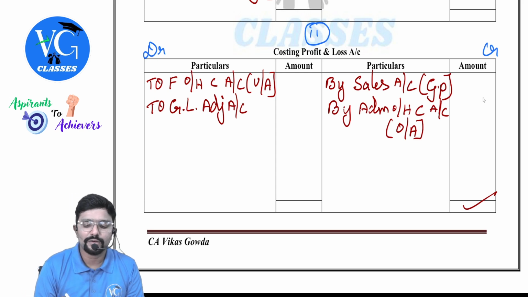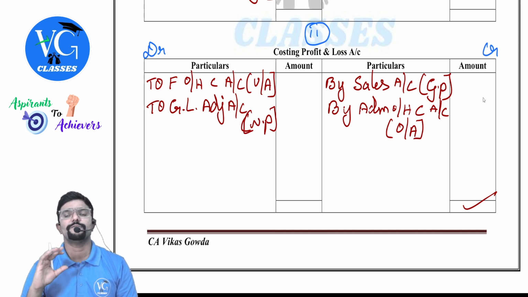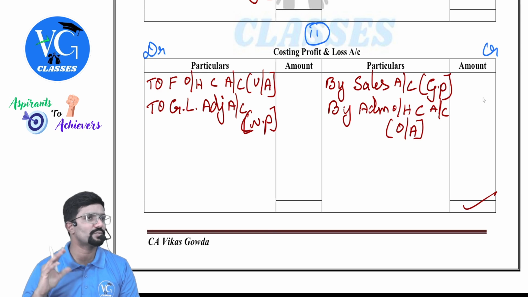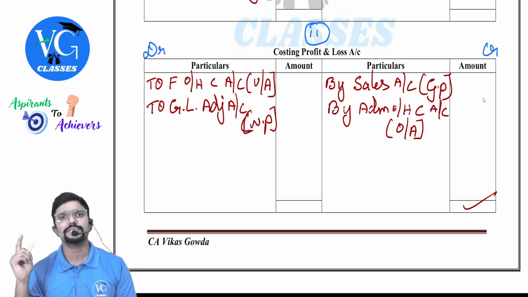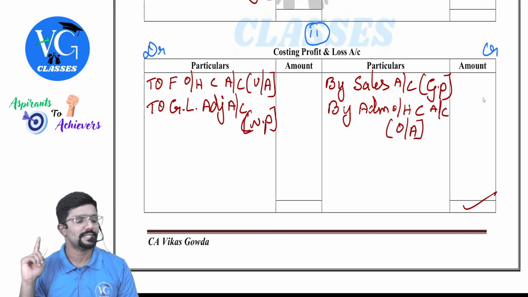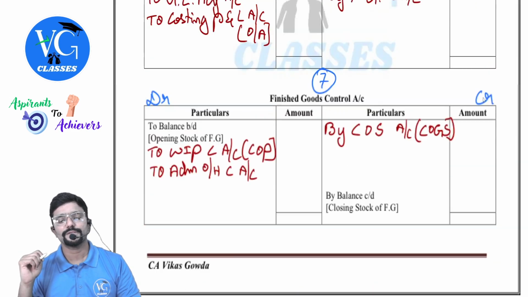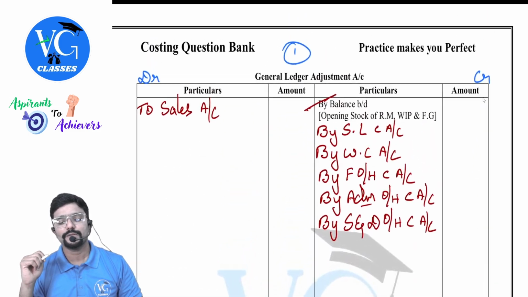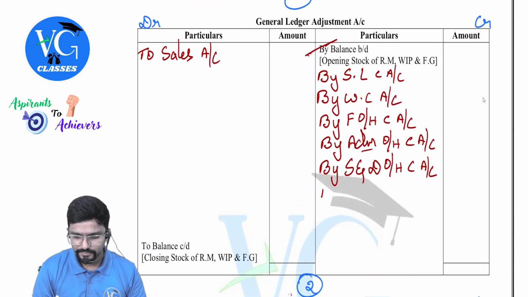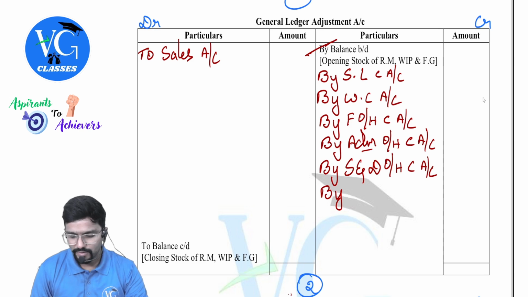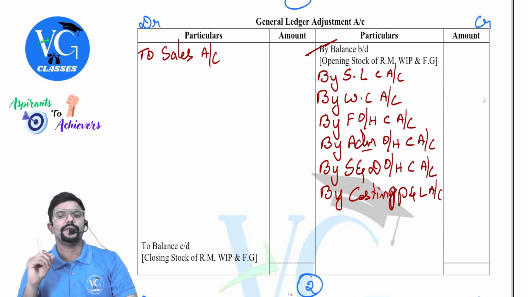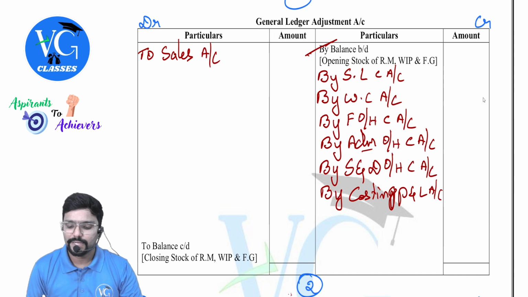General ledger adjustment account. What do we call it? NP, net profit. If it's a net loss, it's the opposite. The debit side balance would be more. So where do we write it? By general ledger adjustment account, by costing P&L account, net profit.